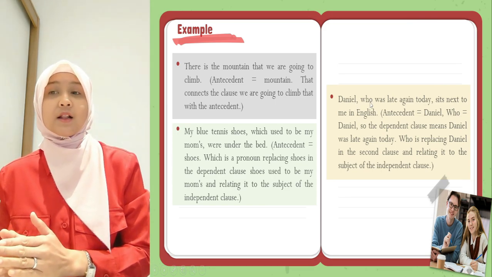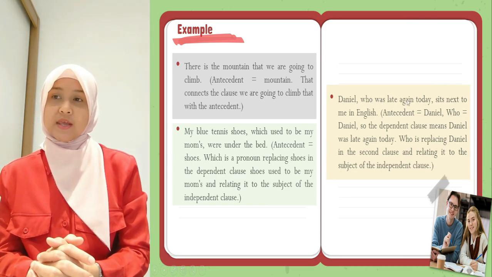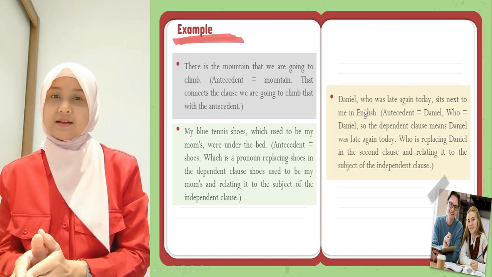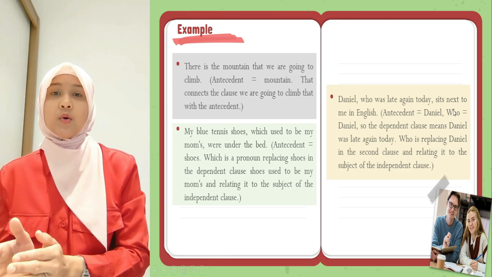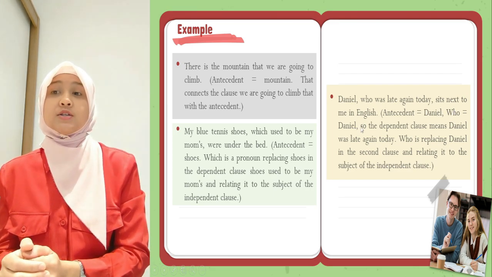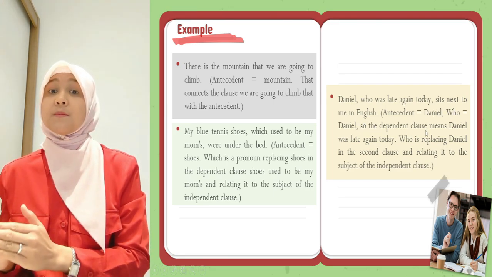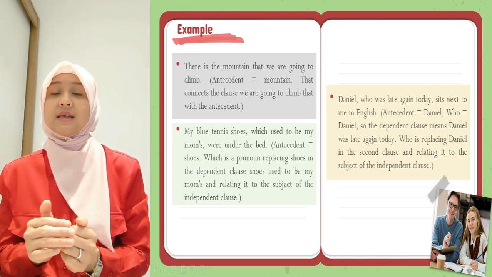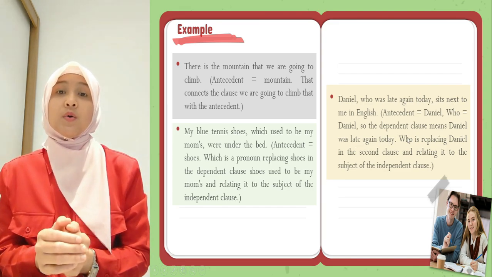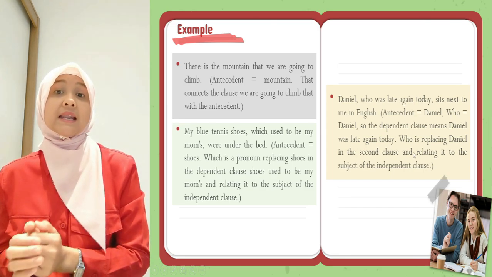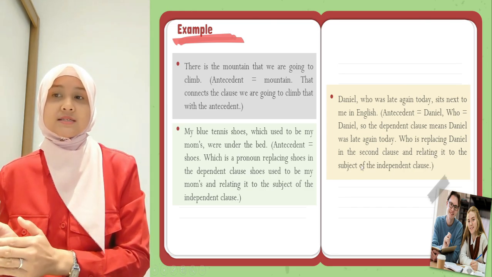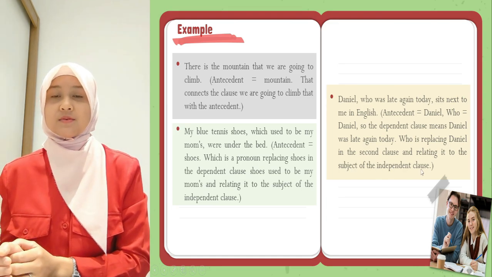Next, Daniel, who was late again today, sits next to me in English. Antecedent, Daniel. Who, Daniel. So the dependent clause means Daniel was late again today. Who is replacing Daniel in the second clause and relating it to the subject of the independent clause.